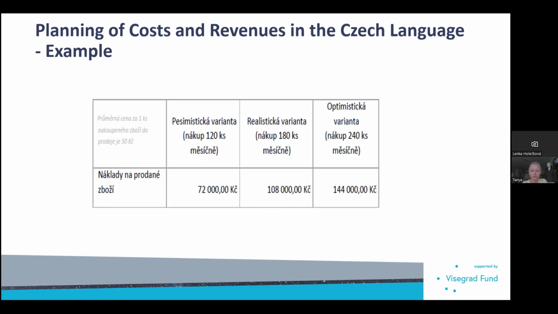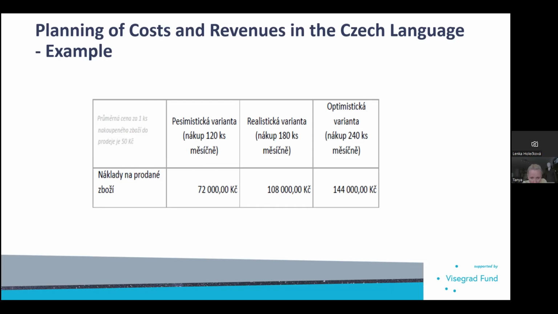We can also, of course, offer our services, and we are in the middle, in fact, regarding our assumptions. And we have also the optimistic variant. It's the right one, and here we have an optimistic scenario which is connected with selling 240 pieces of our goods.